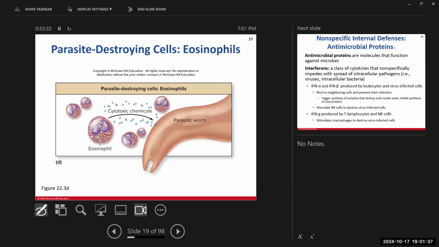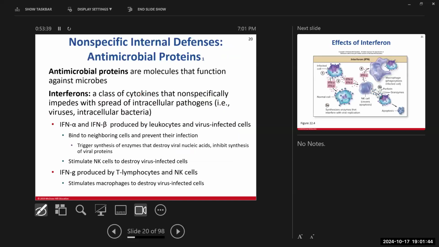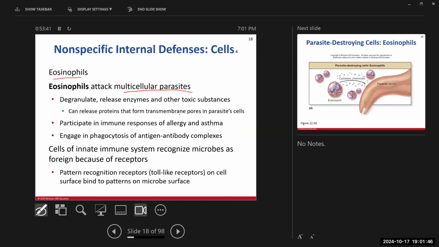Those cytotoxic chemicals are going to be released, and they're going to start to attack whatever that pathogen is, which are usually going to be worm infections. So the same type of scenario, we're going to start punching holes through the plasma membrane or the outer surface of those parasites. And bam.